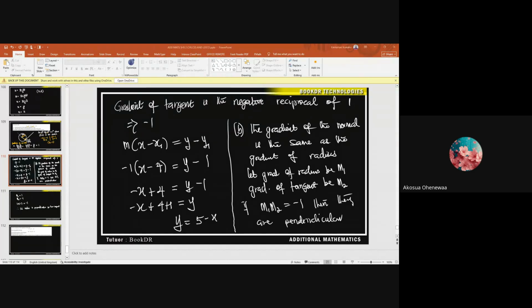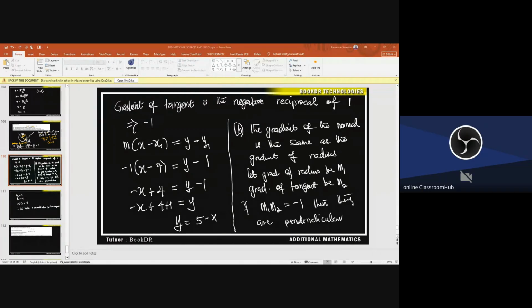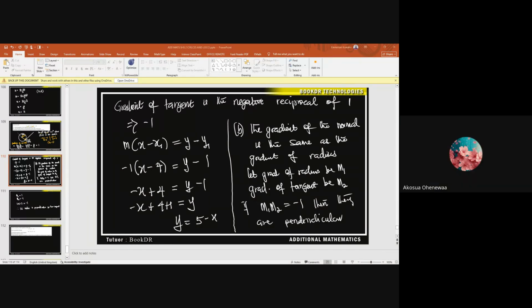So if they requested us to find the equation of the normal, then we would have used the positive one because that represents the gradient of the normal. But because we are after the equation of the tangent, then we have to use the gradient of the tangent, which is the negative reciprocal of that of the normal. Okay, thank you. Welcome, madam.